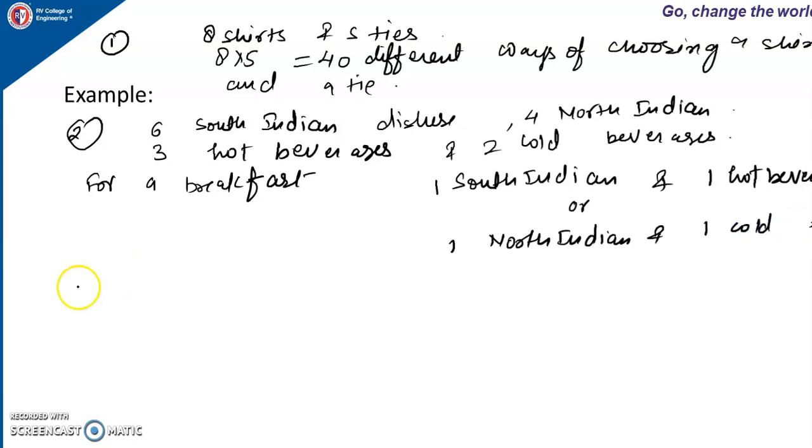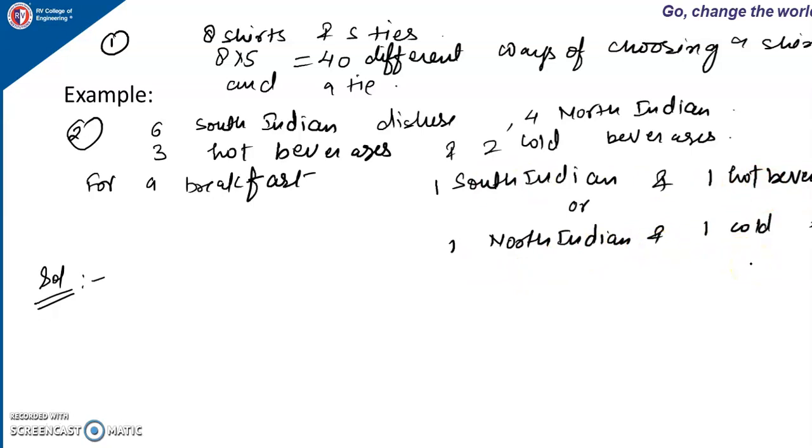I think the question is clear. The restaurant has 6 South Indian dishes, 4 North Indian, 3 hot beverages and 2 cold beverages. So for breakfast, a student wants either 1 South Indian dish and a hot beverage, or a North Indian dish with a cold beverage.